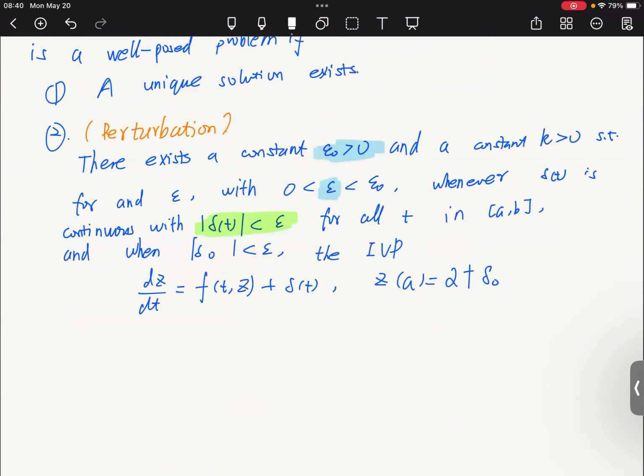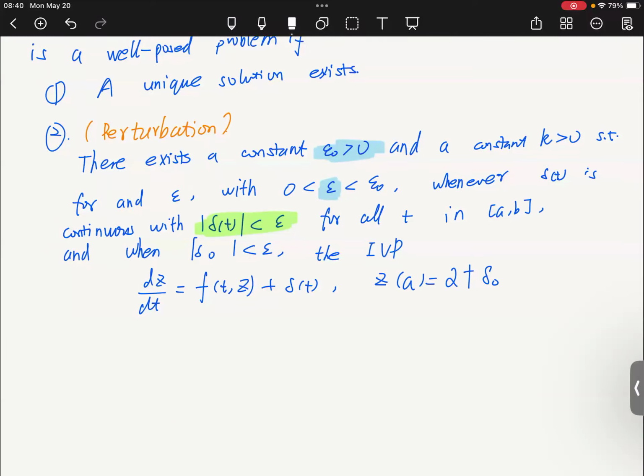If you compare to the original IVP problem, we just add the perturbation delta t to the right hand side, and we also add a perturbation to the initial value alpha. All these perturbations in the source term and in the initial value term should have magnitude bounded by the epsilon. This is the setting here.